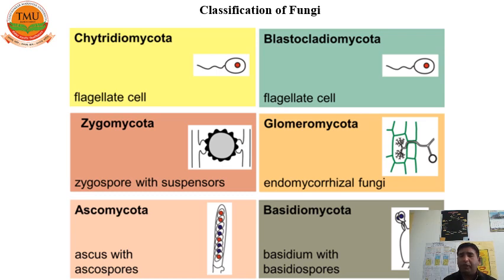Mycorrhiza is the symbiotic relationship between higher plant roots and some fungi of Glomeromycota, and this relationship is beneficial for crops as well as for fungi. Ascomycota are the fungi with ascus and ascospores. Basidiomycota are the fungi with basidia as fruiting bodies.